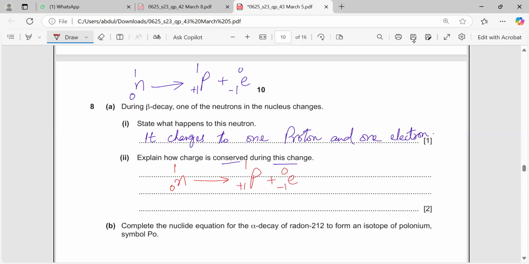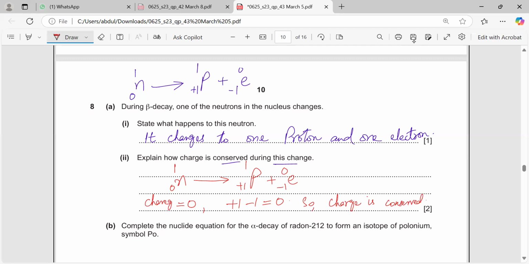Now see, charge on the left hand side is equal to 0, and then plus 1 minus 1 is also equal to 0. So charge is conserved. Conserved means it stays the same.